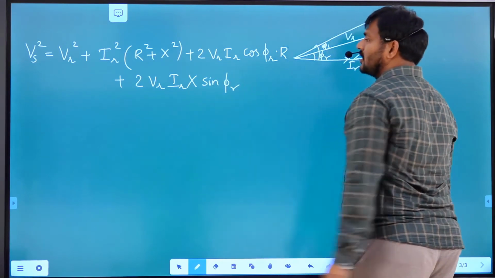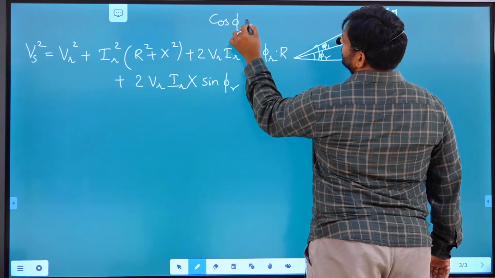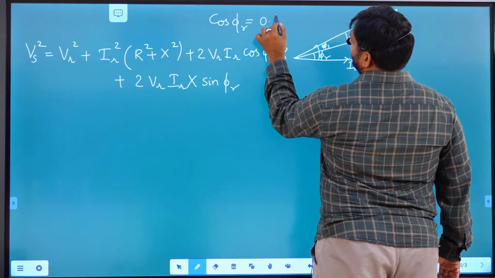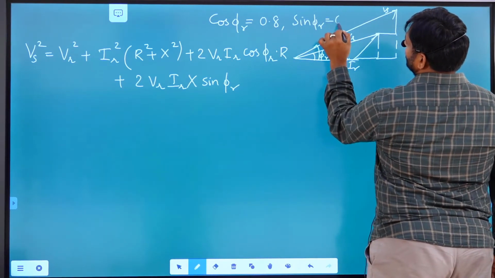So you substitute all the values. Cos phi R is given as the receiving end power factor 0.8, therefore sin phi R will be equal to 0.6.